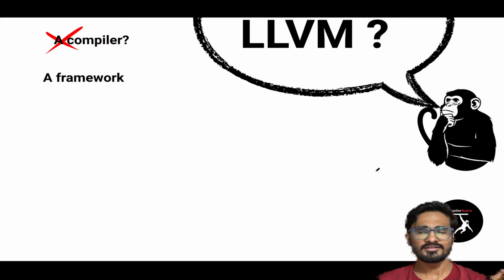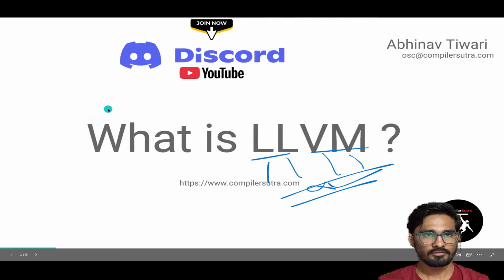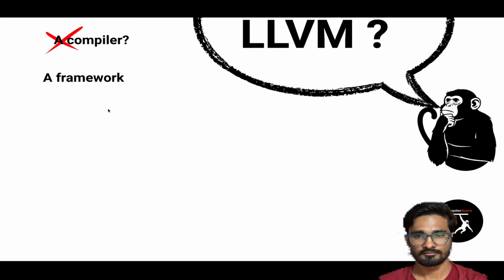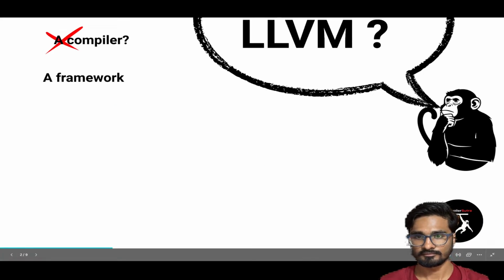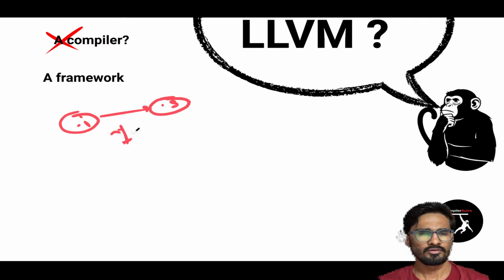We can't say it's a compiler because the compiler's role is very simple and straightforward. What is the role of a compiler? A compiler takes a .i file as input and generates a .s file, and does multiple things.